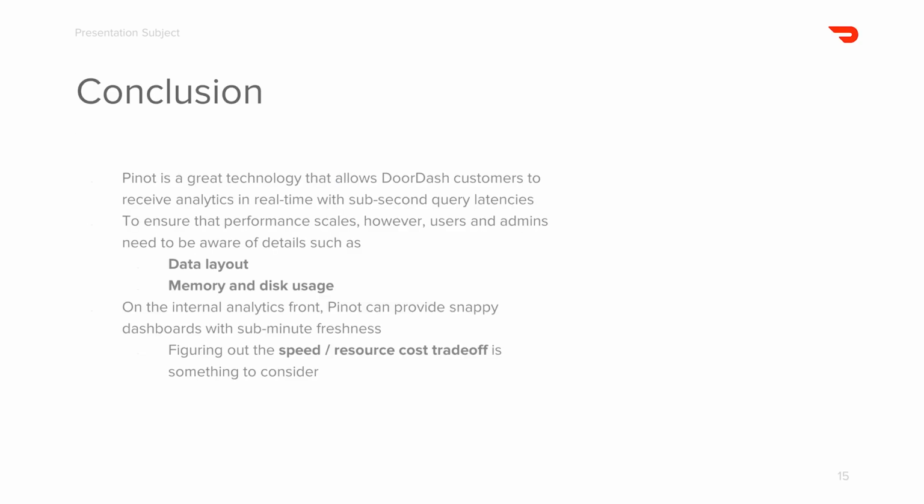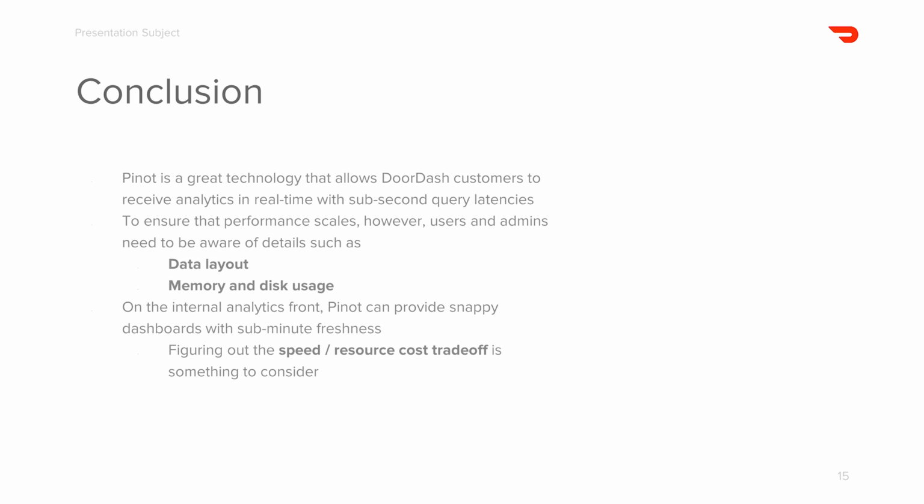Cool. In conclusion, Pinot is a great technology that has allowed DoorDash customers to receive analytics in real time with sub-second query latencies. But to ensure that the performance has been good as we scaled, we found that both our users, the product teams, as well as us, need to be aware of details such as how the data is laid out, as well as things like memory and disk usage.